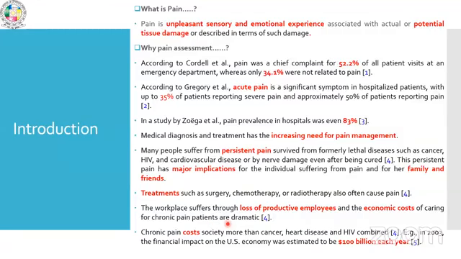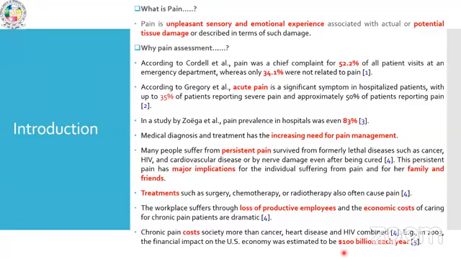Let me give an example of the US: chronic pain costs society more than cancer, heart disease, and HIV combined. The financial impact on the US economy by people suffering from chronic pain was around $100 billion each year. Okay, these figures are very hidden.